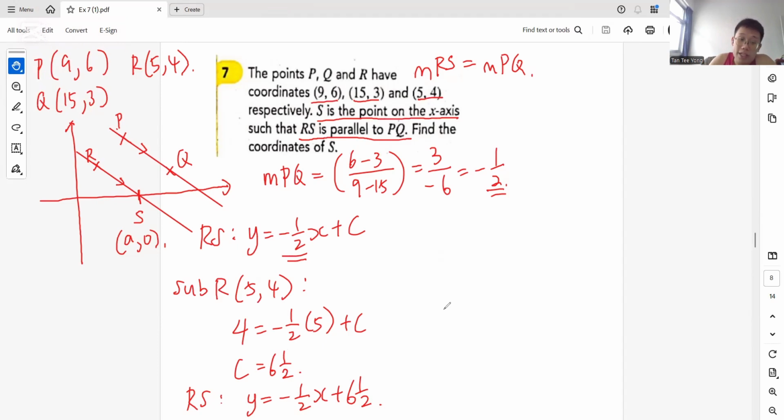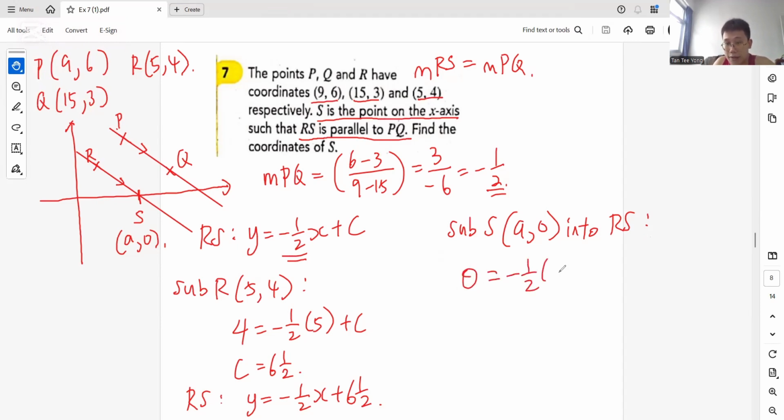So how do we find our S coordinate? We need to sub S, which is a, comma 0, into RS. So we have 0 equals negative half times a plus 6.5.